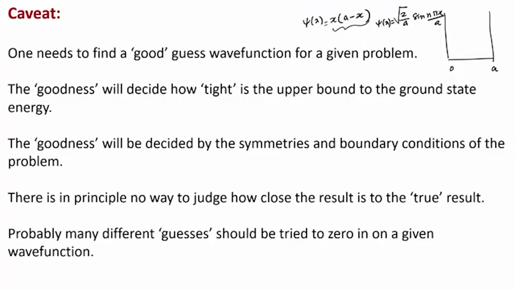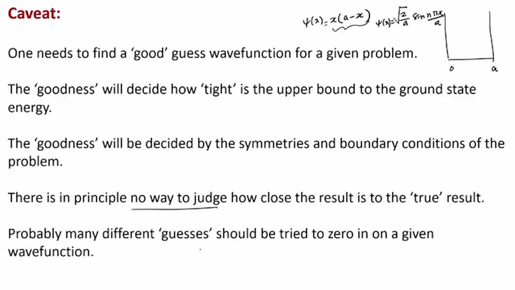So, there is really no way to judge how close this result will be to the true result. If you use this wave function and calculate the ground state energy by operating it with the Hamiltonian, and then calculate the expectation value of energy, it's not very clear whether this will give a better estimate to the ground state energy, which is given by, say, pi square h cross square by 2 m a square, or something else will give a better estimate.